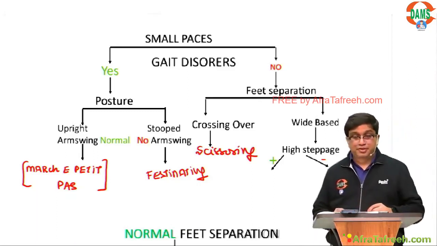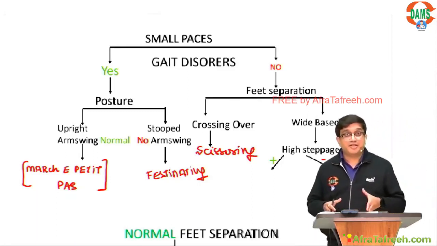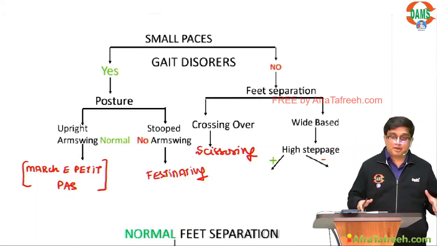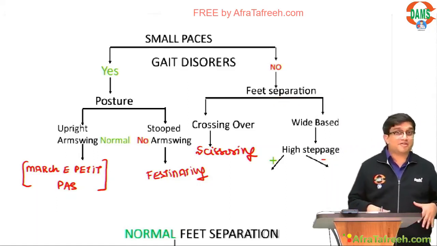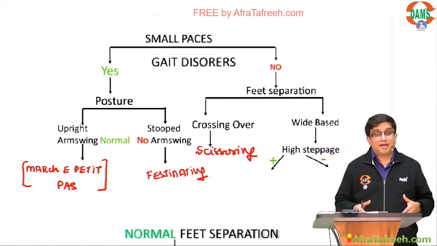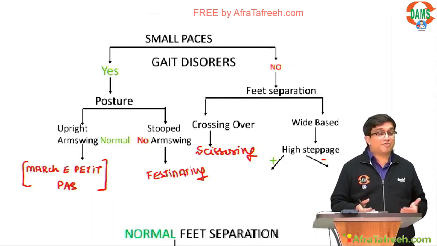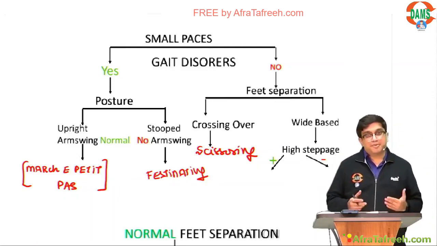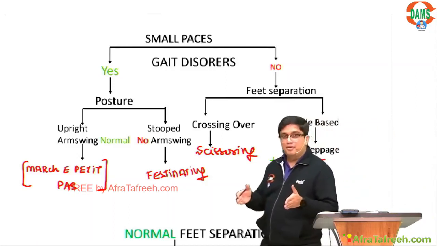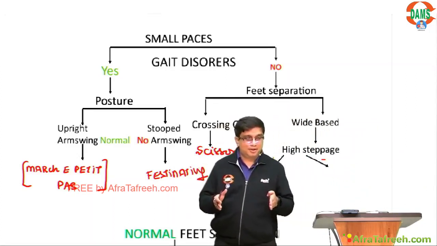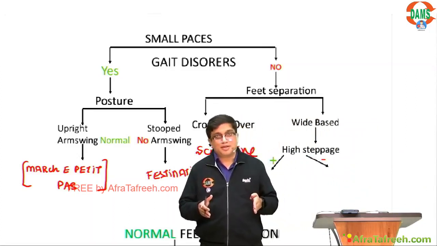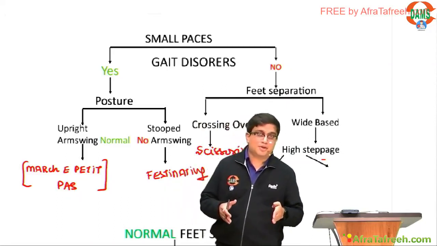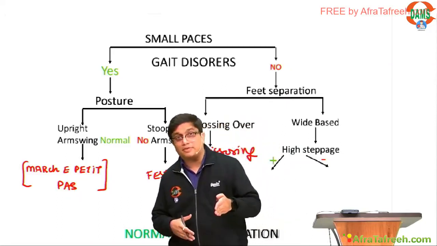There's another patient with us whose feet separation is wide based. Okay, whose feet separation is wide based slightly, and he's taking a step high above the ground while walking. Maybe he's keeping his feet wide apart, and he's keeping it like this on the floor to feel the floor better.